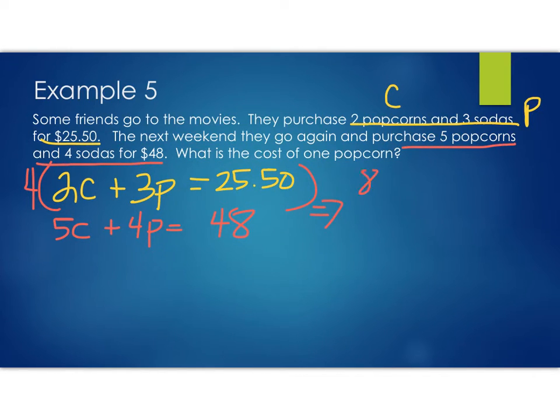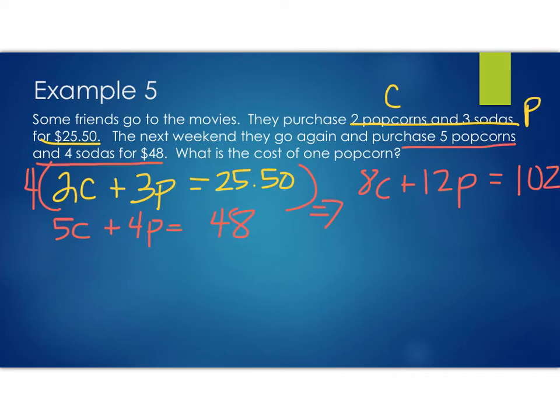So I'll get 8c plus 12p equals 102. Now the bottom equation, I want this value right here to be negative 12. So right now it's 4.